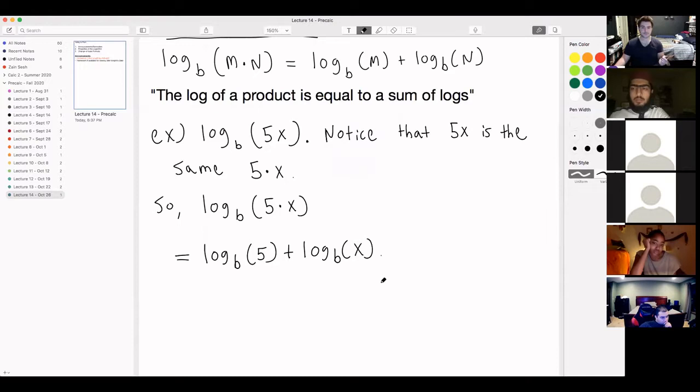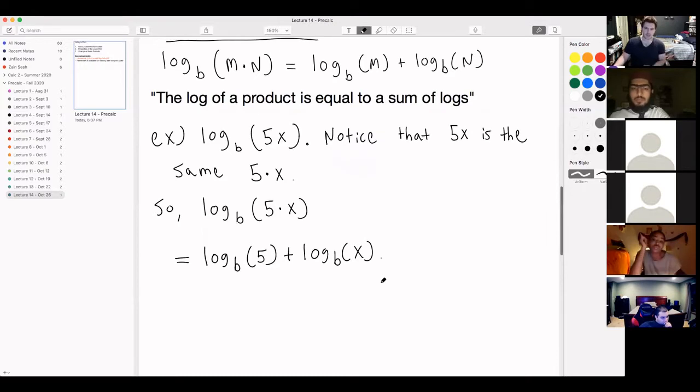And that's it. So that's pretty much the property. You split up this product into a sum. So that went there, and that went over there. All right. So any questions?